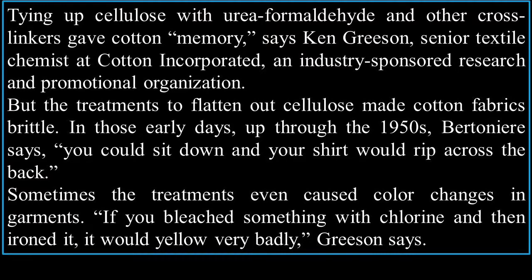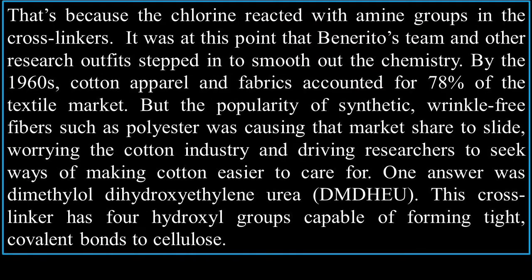If you bleached something with chlorine and then ironed it, it would yellow very badly, Greason says. Sugar is sticky because of hydrogen bonding. We'll get back to that. That's because the chlorine reacted with amine groups in the cross-linkers. It was at this point that Benarito's team and other research outfits stepped in to smooth out the chemistry.